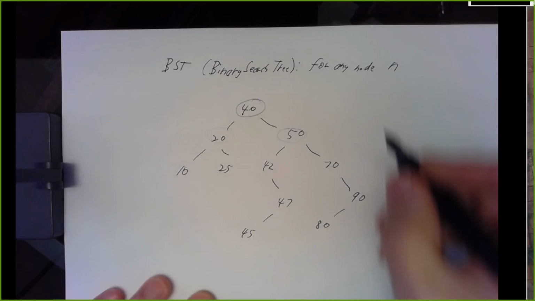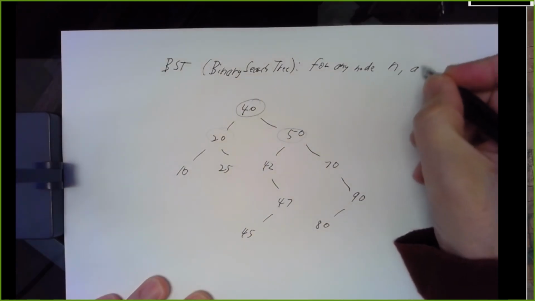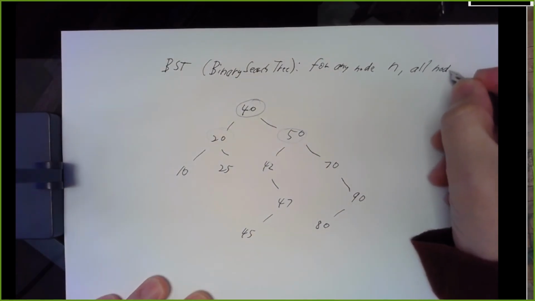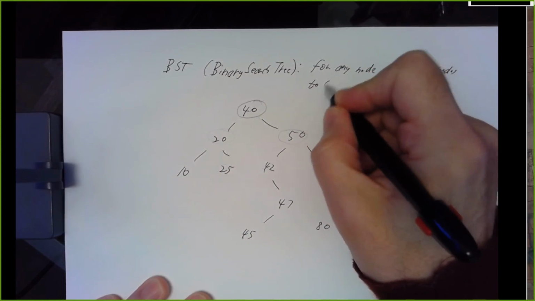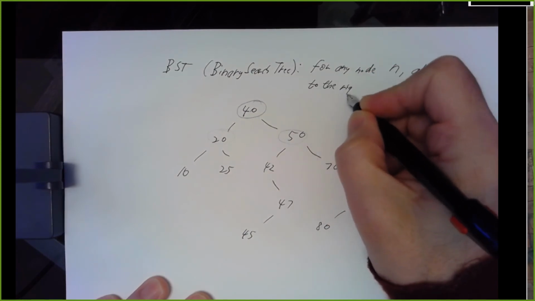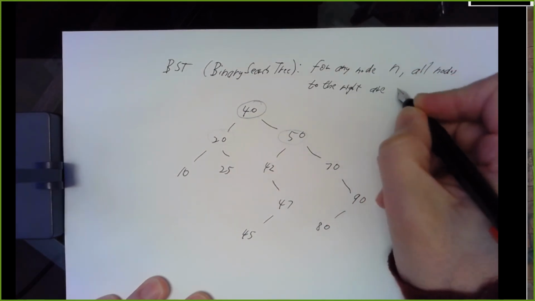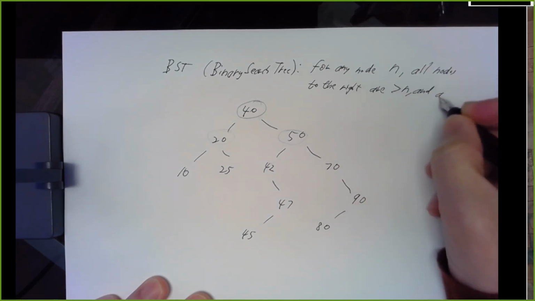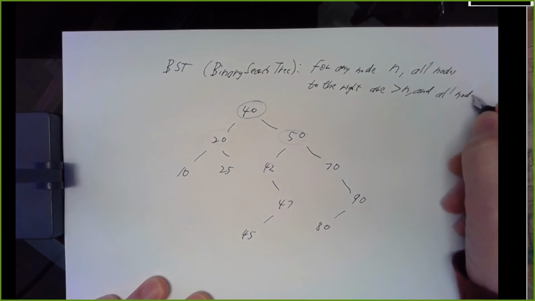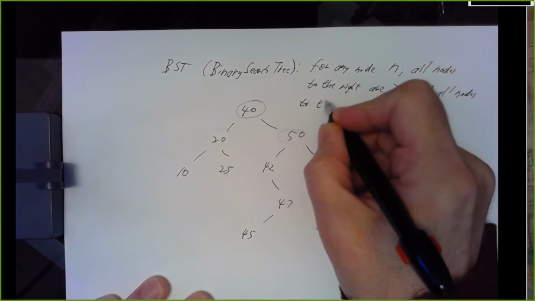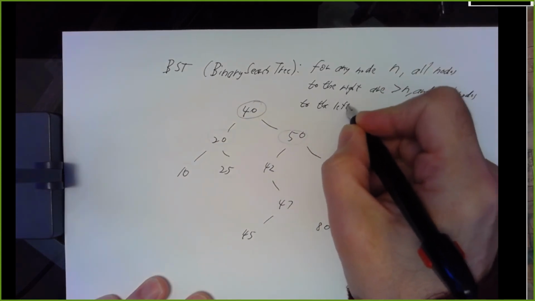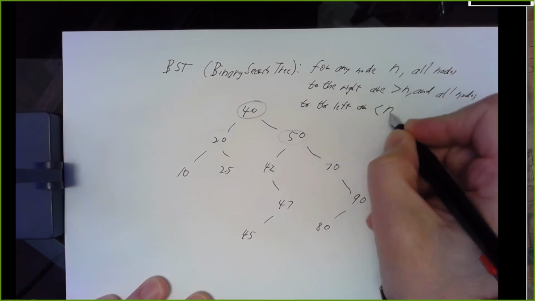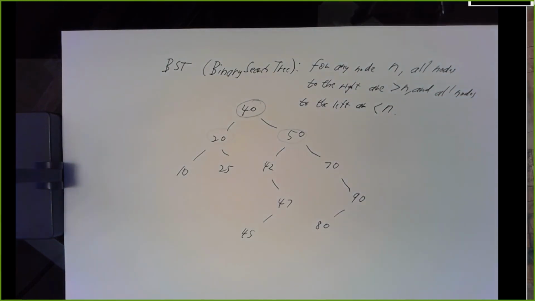So for any node n, all nodes to the right have a value bigger than n, and all nodes to the left are less than n.